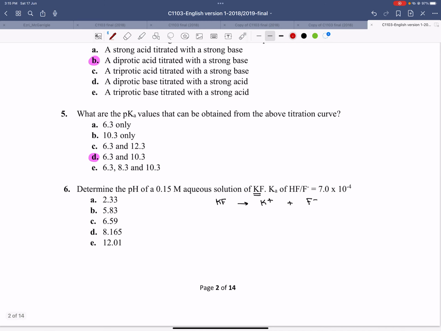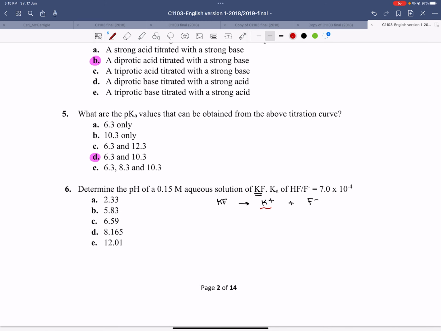I already know from studies that K plus is a spectator, it will have no effect on the pH in my water-based medium. However, F minus is an unknown. What I do know is that they gave me the Ka of HF.